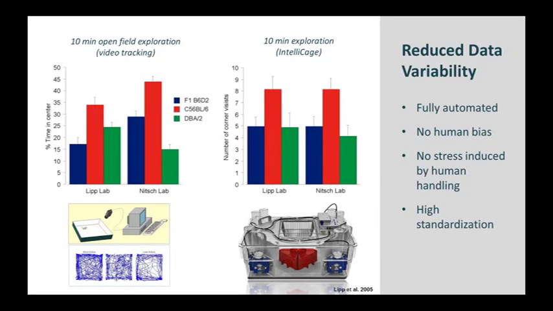In this paper, Dr. Lipp compared the exploration behavior of 3 different strains in 2 different labs, assessed either by classical video tracking or in the IntelliCage. As you can see, the data between the 2 labs are much more consistent in the IntelliCage compared to the classical method.